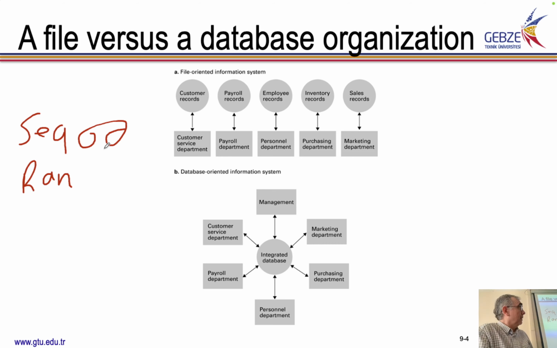Each of them is used by different departments. So there could be an access privilege issue as well. For example, the payroll shouldn't be available to other people. You shouldn't see each other's salaries.